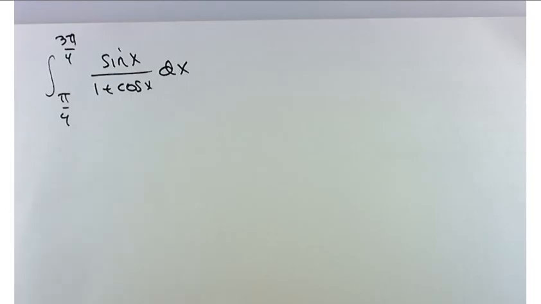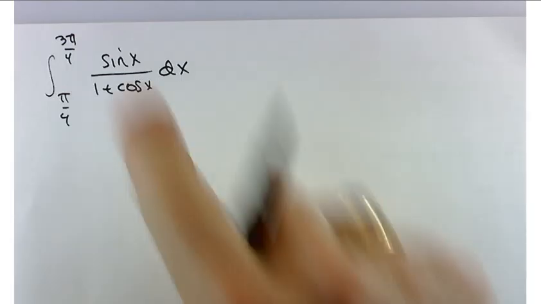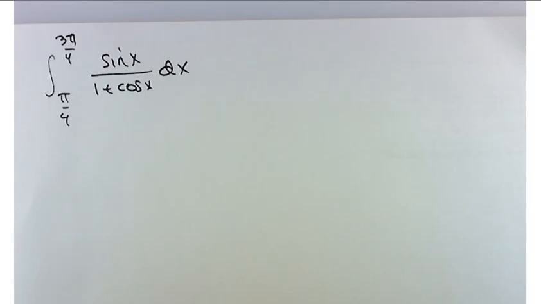Suggestions on how to deal with this one? I'm open. This is not a basic form. It's not like integrating x squared or something like that, for which we know an antiderivative. We need to do a little something to jumpstart this problem. What would that be?